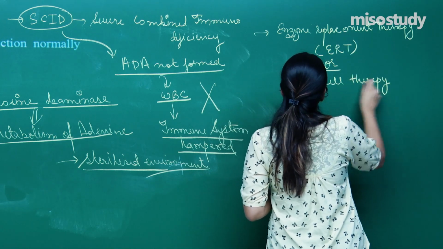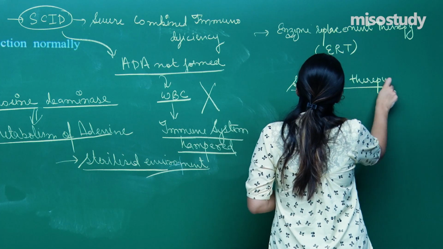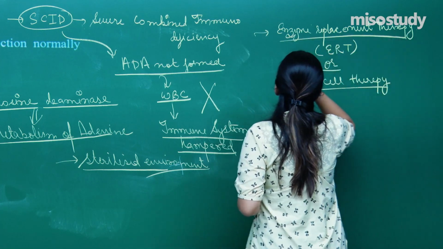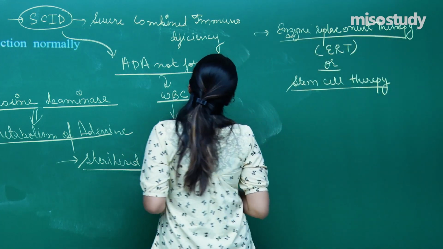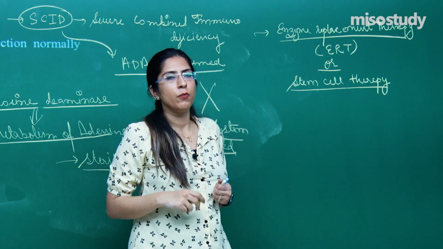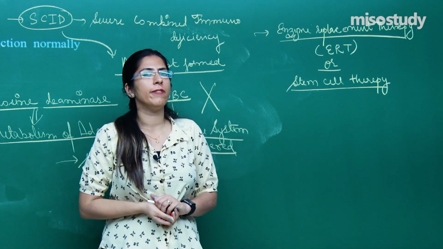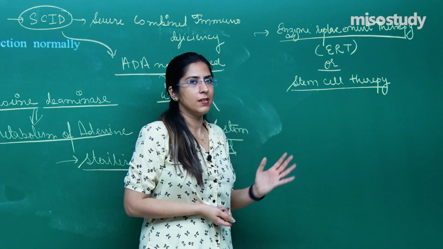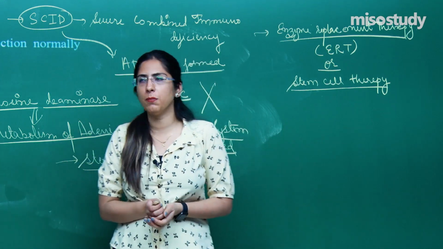These are the two ways by which we can treat such patients. We can insert those genes, or we can replace those stem cells, right? And this is related to the immune system.